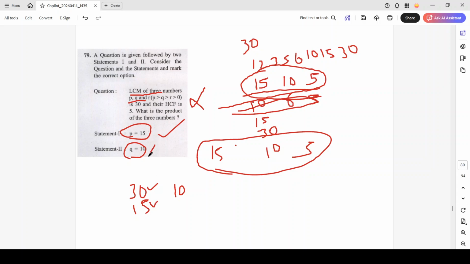So here we cannot answer this question. So statement 1 alone cannot answer, and statement 2 alone cannot either.